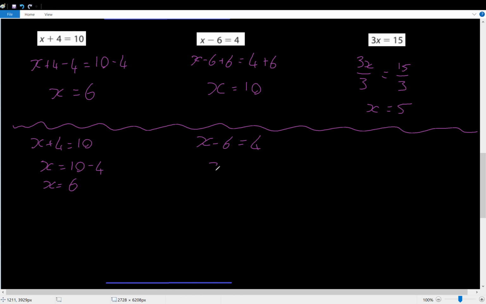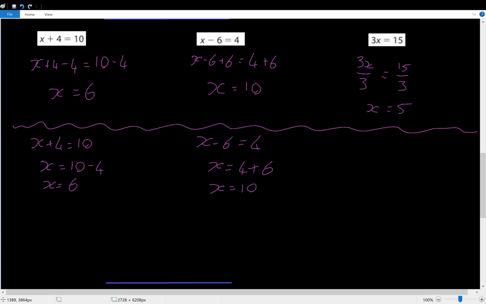So it becomes x is equal to 4 plus 6, which is exactly what we expect because it's what we saw from above. And we do that sum out, we get x is equal to 10, which is exactly the solution we got above. So we haven't done anything different realistically, we've just approached it in a slightly different way.